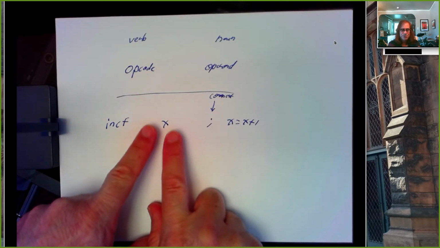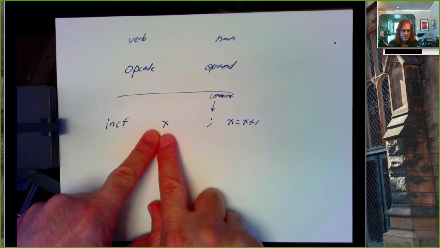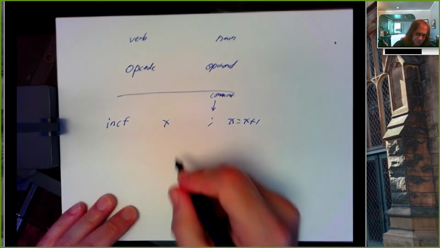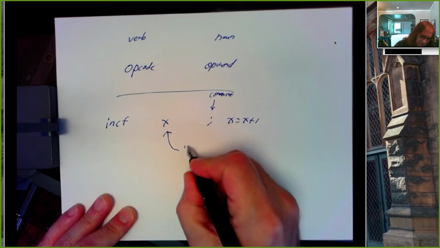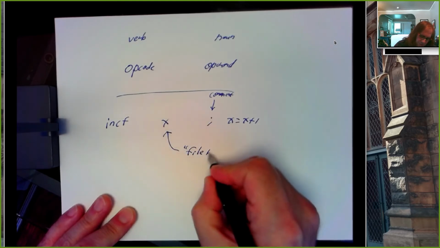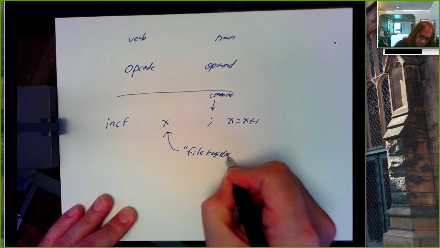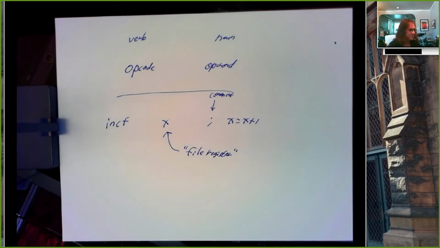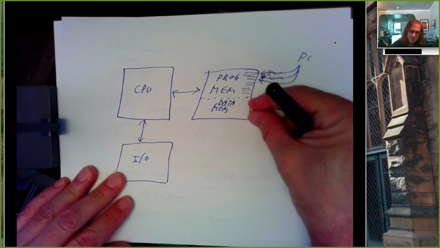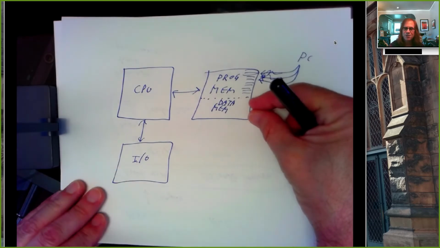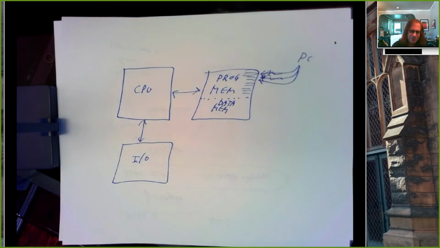All right, so what is this variable x? It's what we call a file register, and it's part of this data memory. It's part of this chunk of memory locations where we can store information that we want to process.